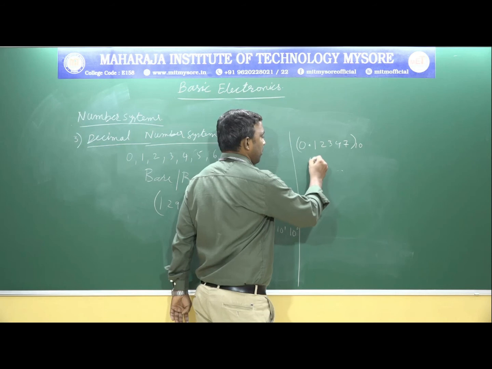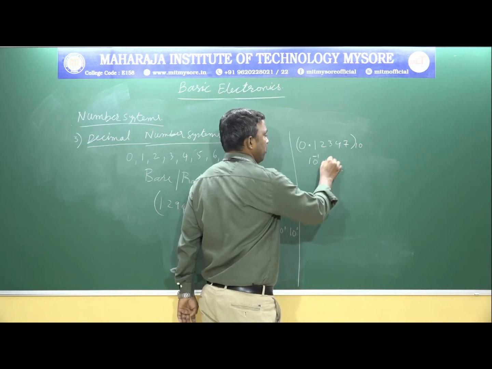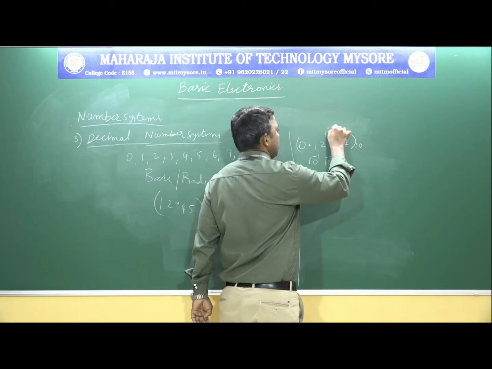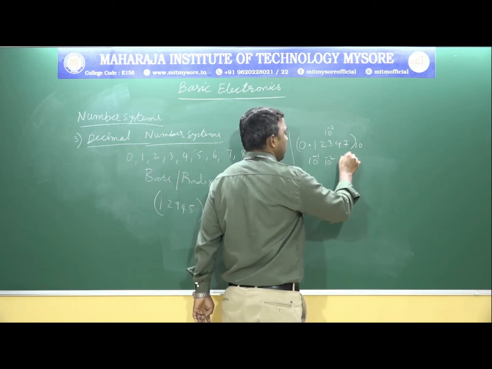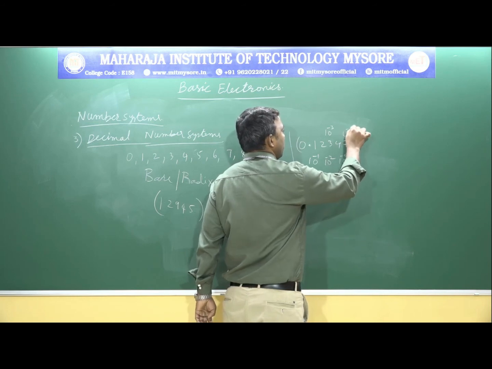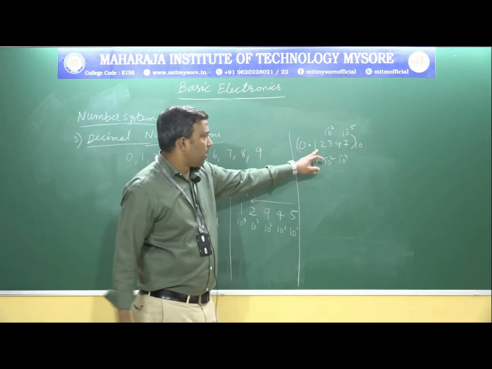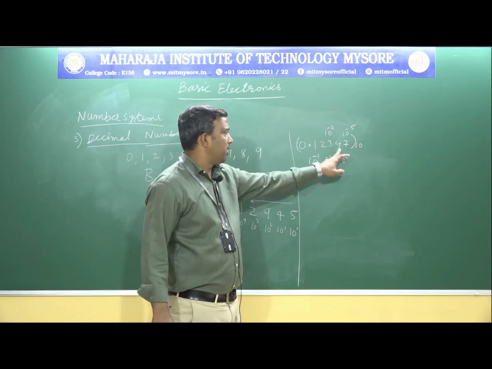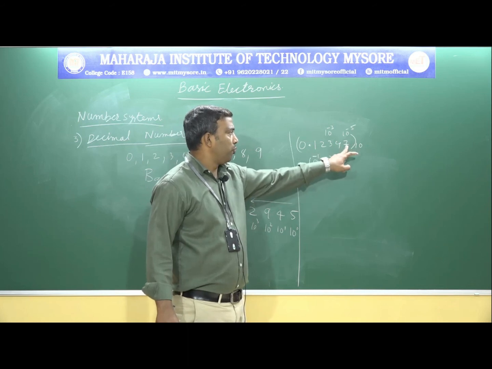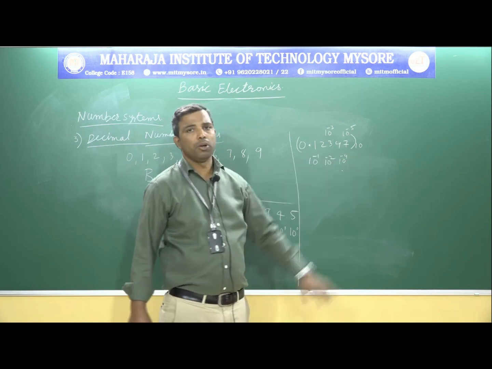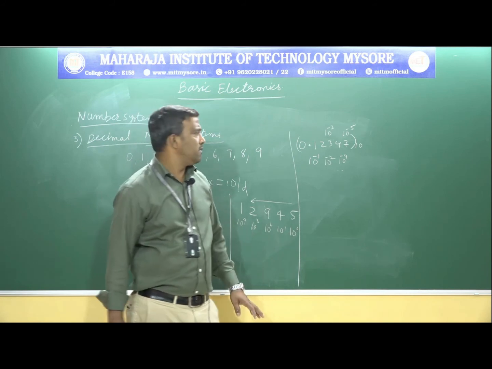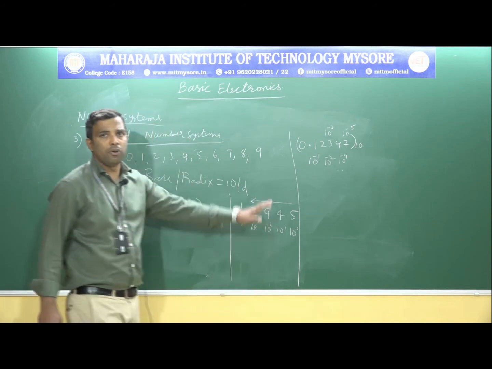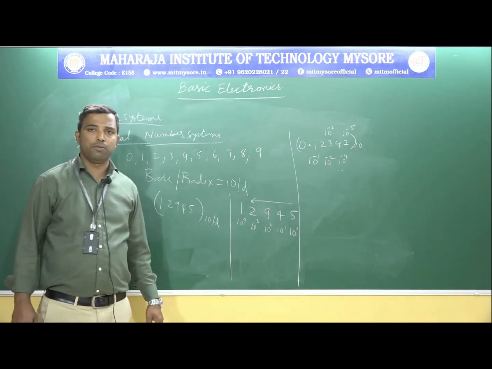For 1 it is 10 power minus 1, for 2 it is 10 power minus 2, for 3 it is 10 power minus 3, for 4 it is 10 power minus 4, and for 7 it is 10 power minus 5. So these are the positional values for whole numbers and also fractional numbers.